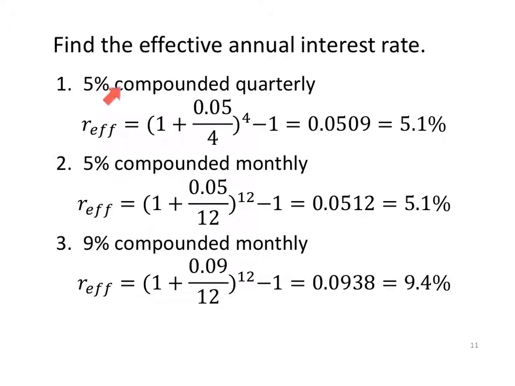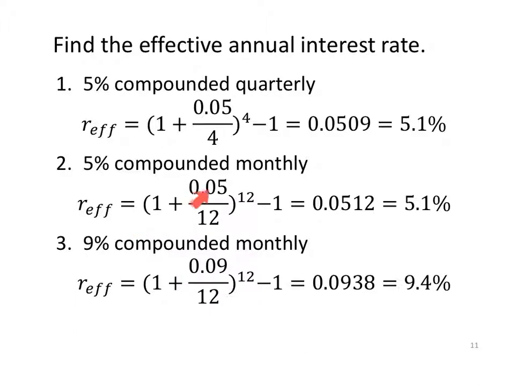So if I have 5% compounded quarterly, the effective annual interest rate will be 1 plus 0.05 over 4 to the power of 4 minus 1. My calculator displays 0.0509, which I'll round to 5.1%. 5% compounded monthly.